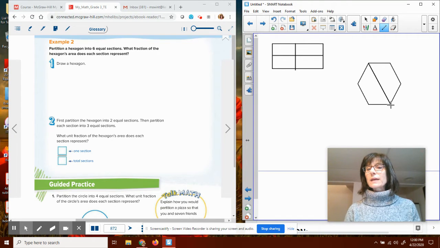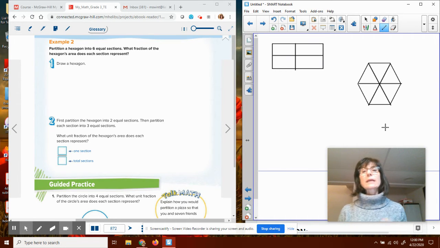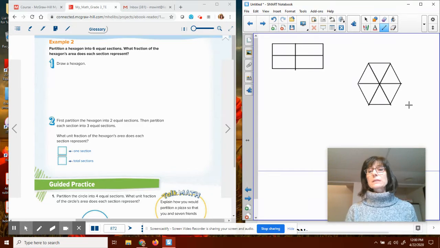To do that on a hexagon, we go across to across, from point to point. Because a hexagon has 6 sides and you want to partition it into 6 equal sections, it works perfectly doing it this way.